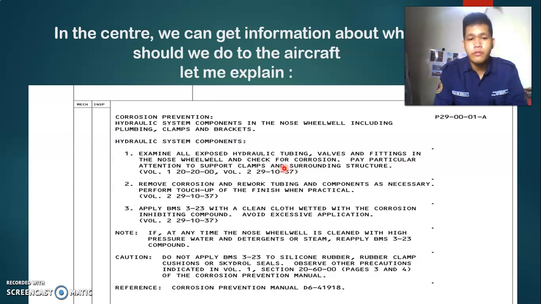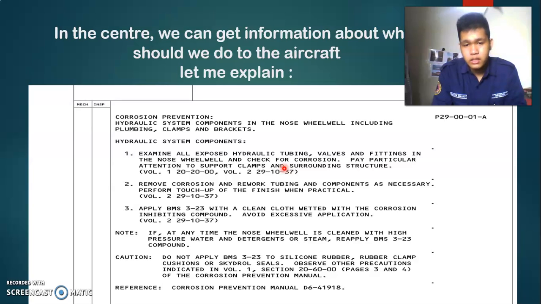Number 2, remove corrosion and rework tubing and compartment as necessary. Perform touch-up of the finish when practical. Number 3, apply BMS 3-23 with a clean cloth, wet with the corrosion inhibiting compound.